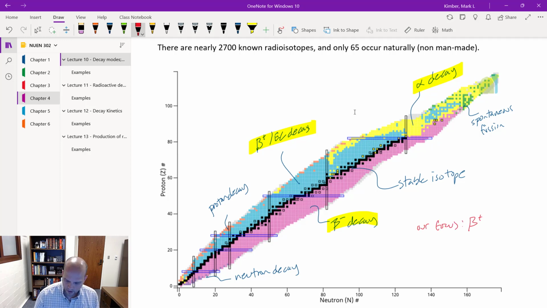We've got beta plus, or we'll just broadly call that beta, and that just includes the electron capture option too. But we've got beta, we've got alpha, and we've got gamma. So those are the three focus areas that we'll be dealing with here in terms of decay in this lecture.